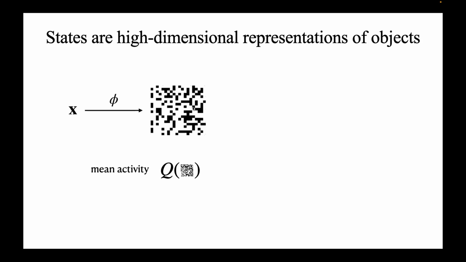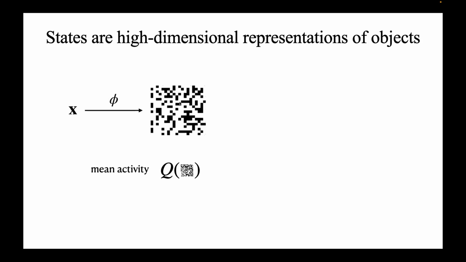Then we have a two-dimensional activity field. This is what I call a state, and you can of course make a vector out of it. And here we have a representation mapping. I will come to this in a minute.